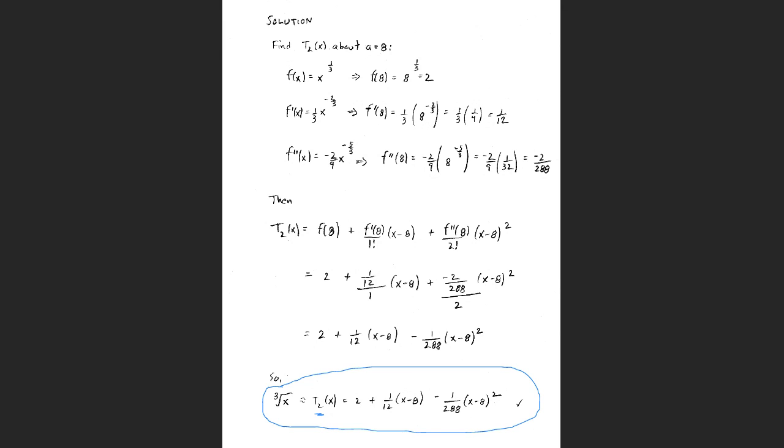It's an approximation, but the approximation gets worse and worse as you move away from a equals 8. The question is, what are you willing to accept? How much error are you willing to accept between your approximation and the true value of the function?